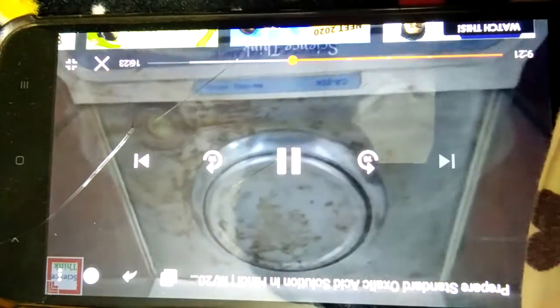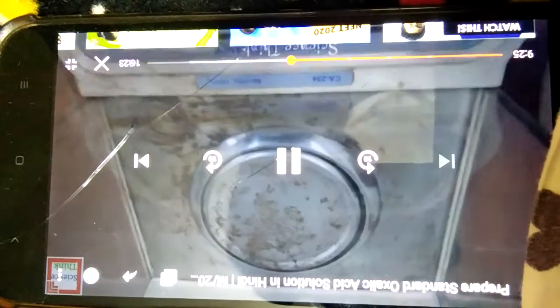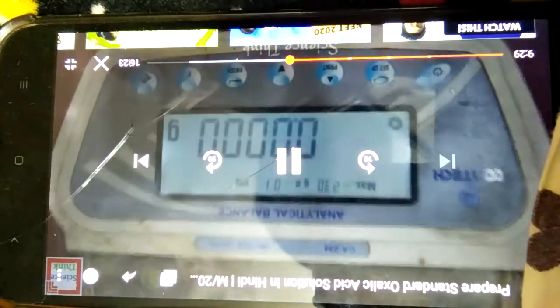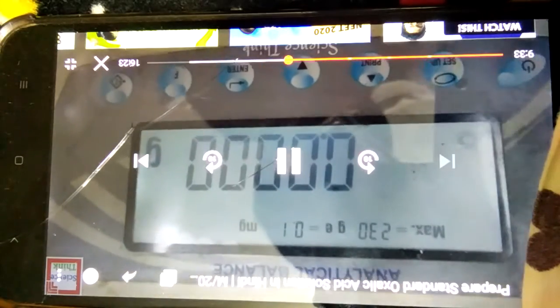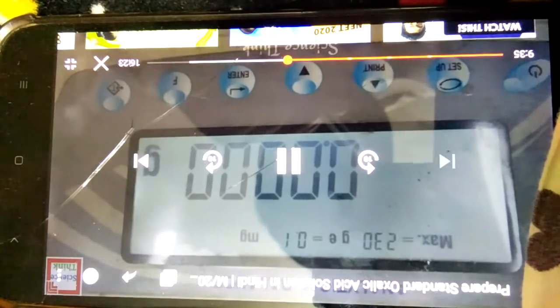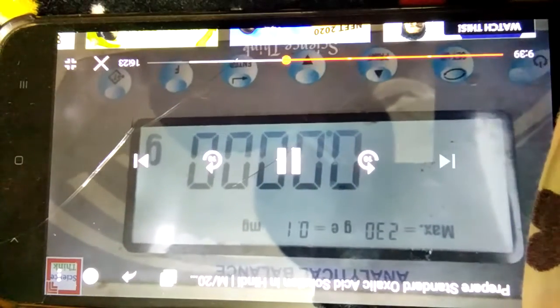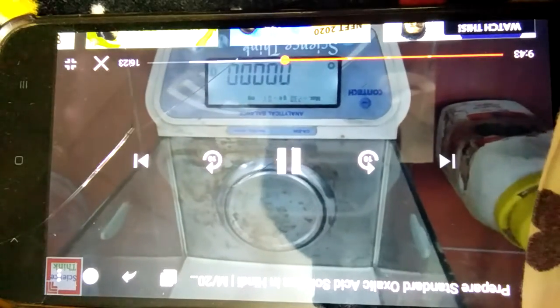Now you can see the digital weighing machine, the readings and everything clearly. Here you can see the reading 0.0000. After the decimal point there are 4 digits, and the weighing is in terms of gram. And below you can see the buttons.